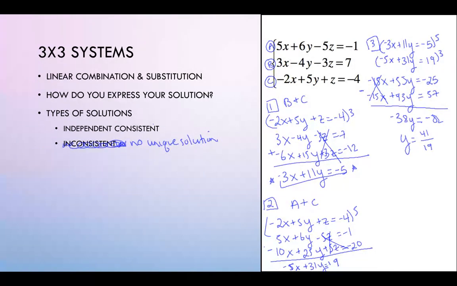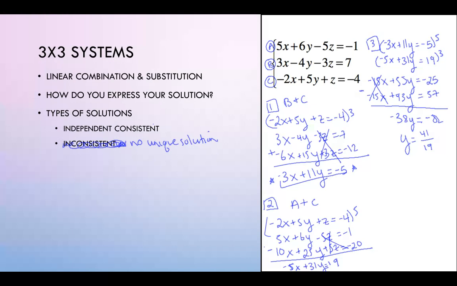And that gave me negative 3x plus 11y minus 5. That should be fine. And then here, I did a and c. And so I had 5x plus 6y minus 5z equals negative 1. Negative 2x plus 5y plus z equals negative 4.